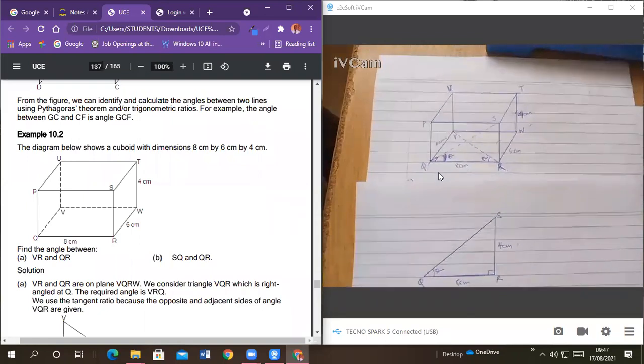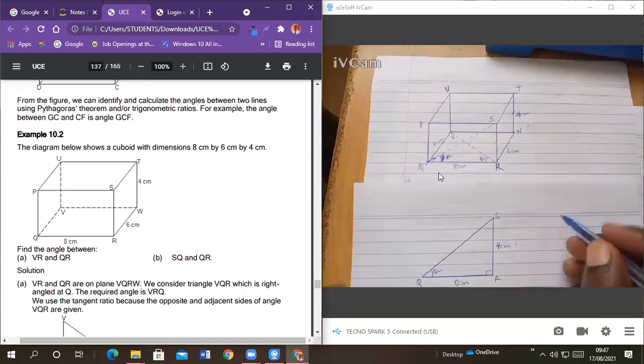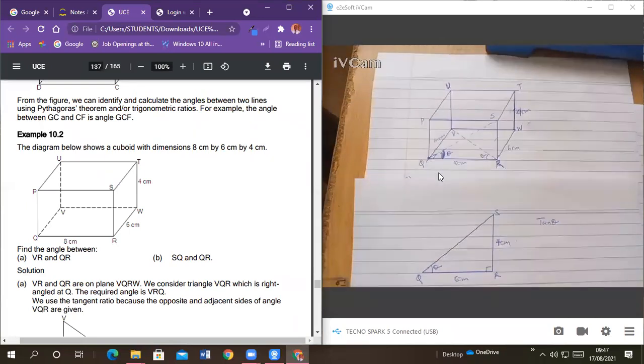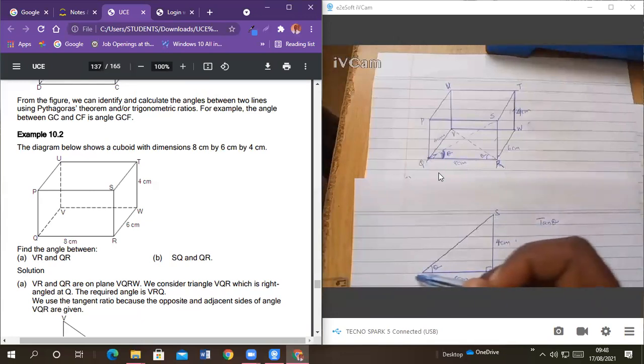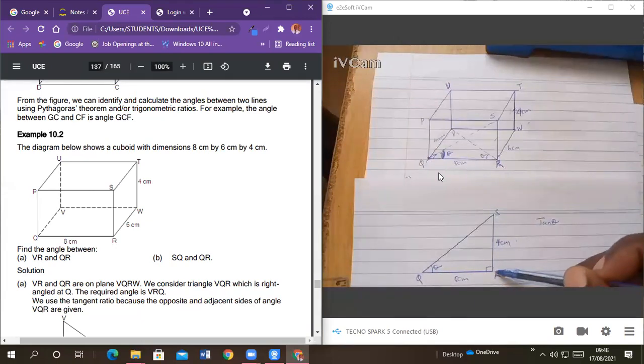So there we shall also use trigonometry and we shall say tan theta. Why do we use tan theta? Because we know this is the opposite and this is the adjacent. So we can use tan theta. So tan theta is equal to, let me ask someone. Tan theta is equal to Alexandria. Tan theta is equal to 4 over 8.